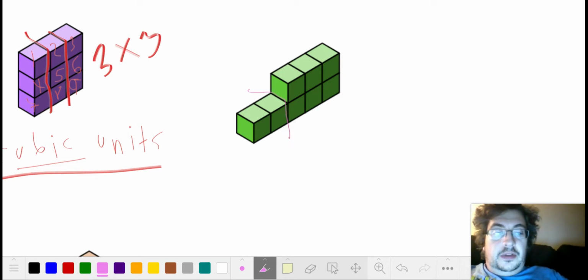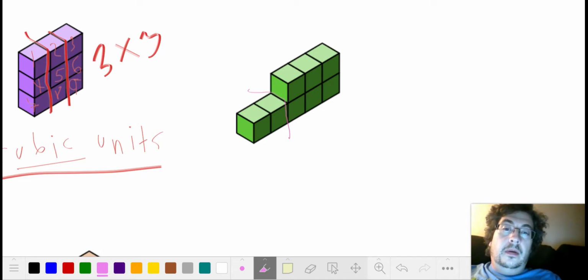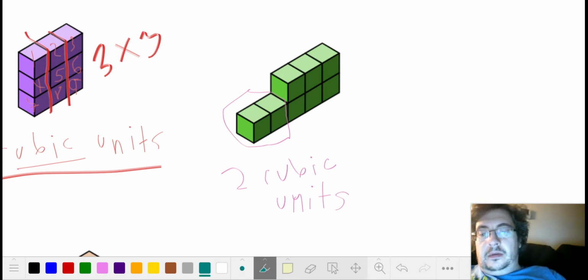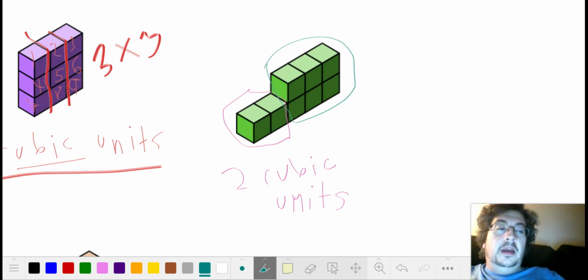And so what I can actually do is I can consider this volume here as 2 cubic units. And then I can consider this other object, and I see that this object has 6 cubic units.